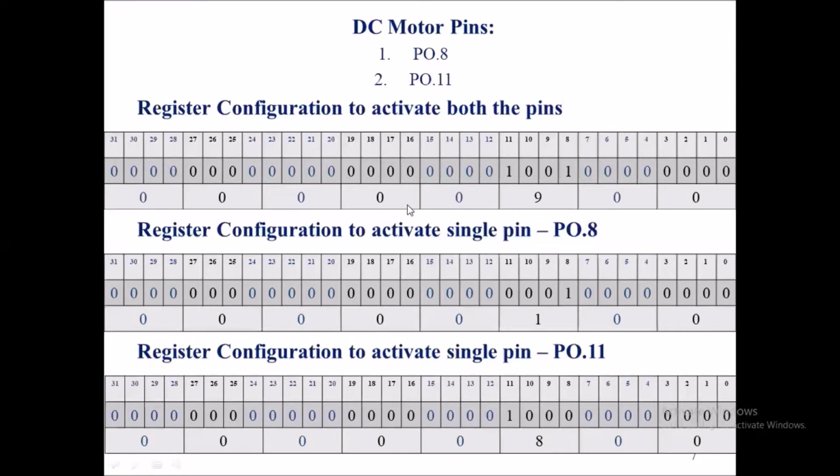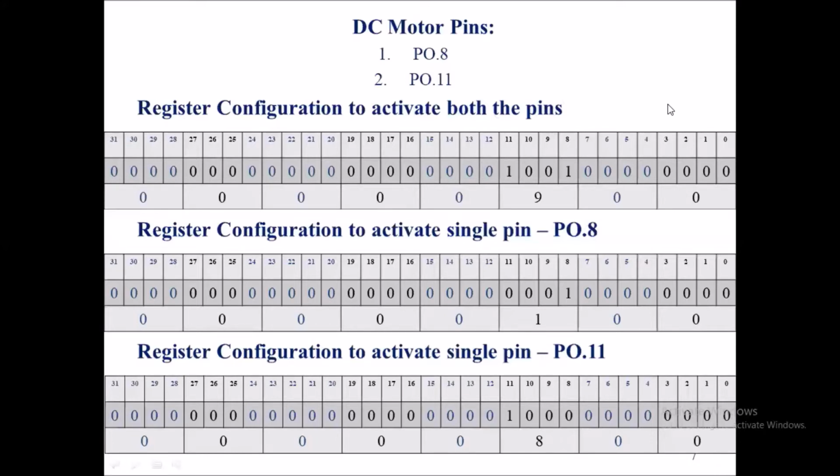So let's see the register configuration to activate both the pins. In our program, we need to set the direction, and the direction should be the output direction. Why do we need to set the output direction for the DC motor? The DC motor will rotate based on the program dumped into the microcontroller, which means that we will be getting the output from the microcontroller.